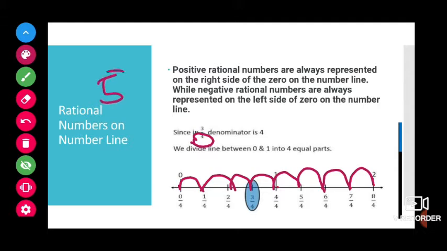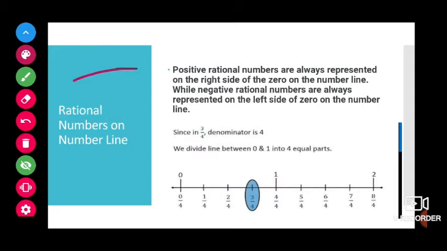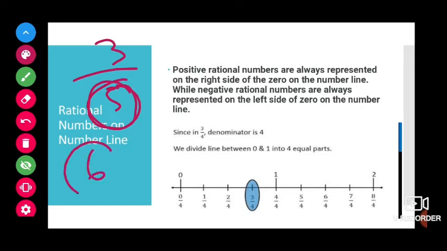If the denominator is 5, children, then we have to divide each and every unit into 5 parts. If it is 6 in the denominator, then we divide into 6 parts. If it is 2, we divide it into 2 parts. Like that, based on the denominator, we divide each unit into parts.